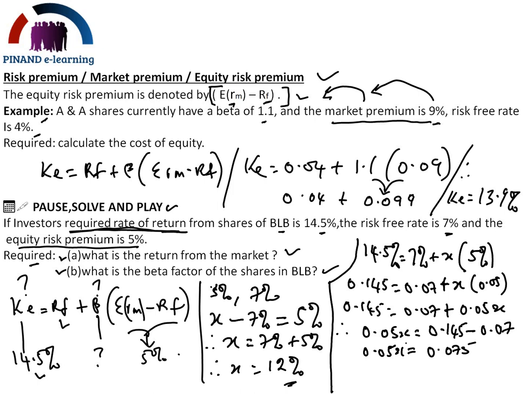Let's see. Therefore, make x the subject of the formula. It becomes 0.075 over 0.05. Therefore, x is equal to what? 1.5. So it means that the beta is 1.5.